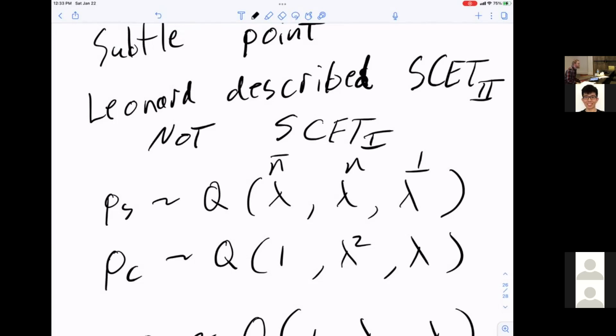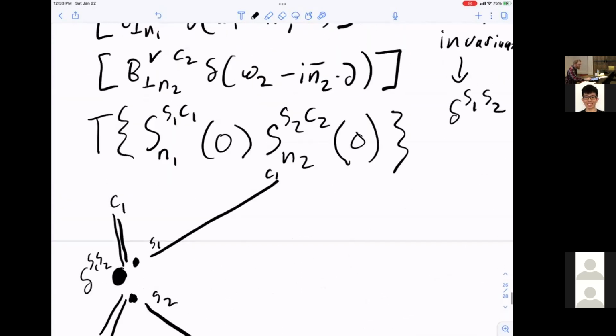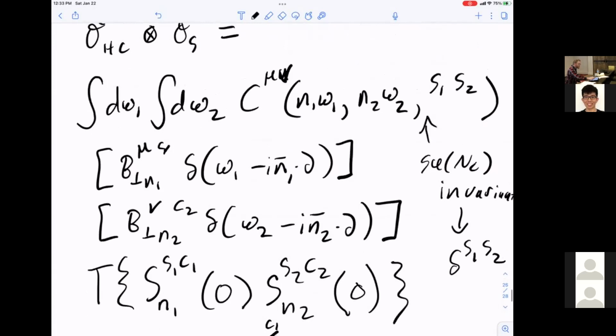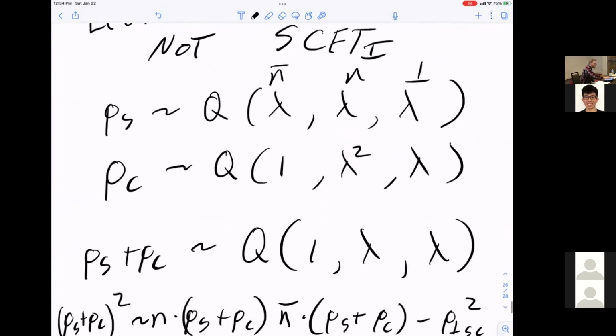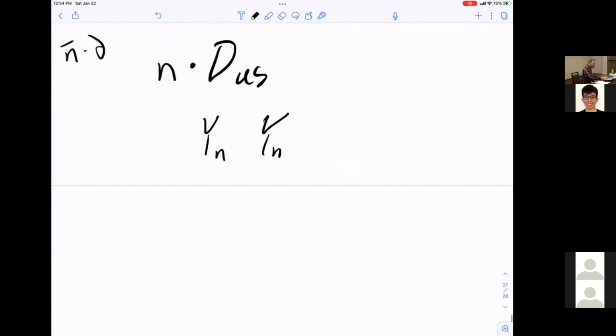Sorry, Duff, can you elaborate a bit more on why there are two soft Wilson lines there? The collinear operator that generates multiple collinear. And let me type. Yeah, so this is something I haven't done also.